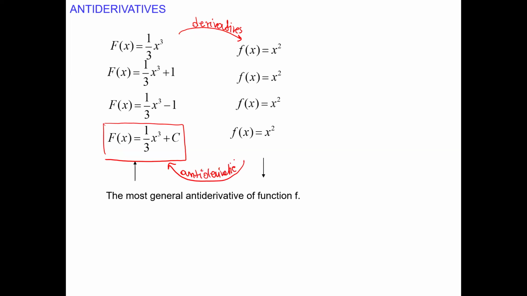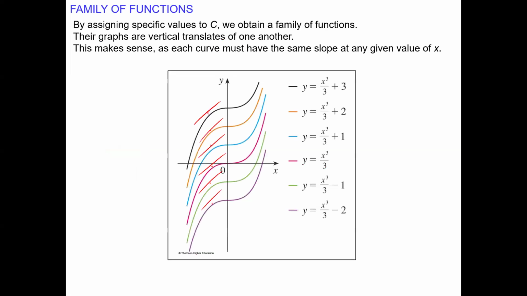From now on, if we are asked what is the antiderivative for x squared, we have to say the main function, 1/3 x cubed, plus the constant. And we call this the constant of integration. Let's look at this really nicely.